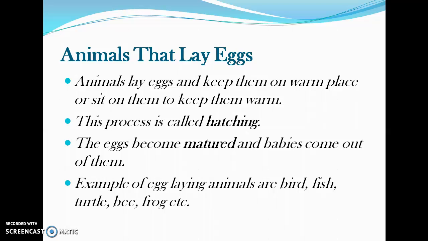These animals lay eggs, ठीक है, अंडे देते हैं, and then keep them in a warm place or sit on them to keep them warm. इसको गर्म रखने के लिए ये उनके ऊपर बैठ जाते हैं. This process is called hatching, and during that hatching process the egg becomes matured, means egg के अंदर baby develop हो जाता है, and after maturity that baby comes out by breaking the outer covering. बाहर का जो कवर होता है उसको तोड़ के बेबी बाहर निकल जाता है, and the entire process is called hatching.